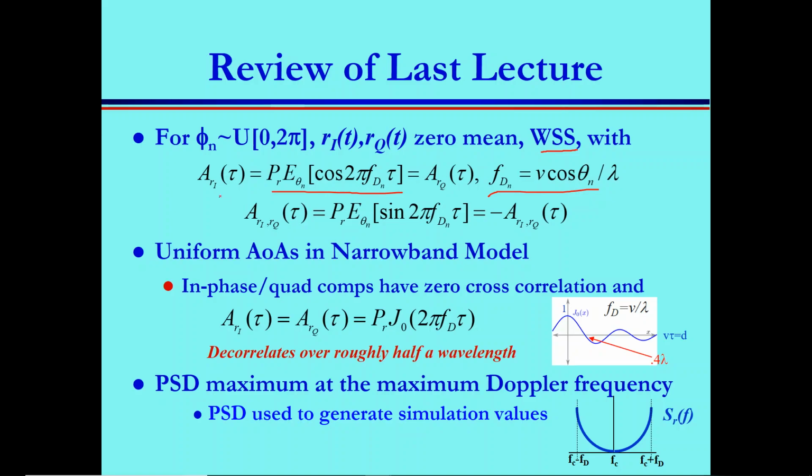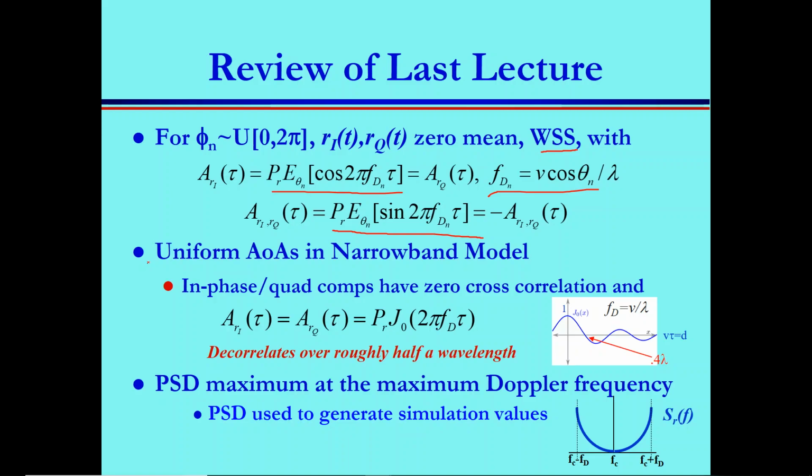So now this is the autocorrelation with respect to the in-phase and quadrature component. You have also cross-correlation between the in-phase and the quadrature component, which can be given as follows, and this is exactly equal to the negative value of the cross-correlation between the quadrature component and the in-phase component.